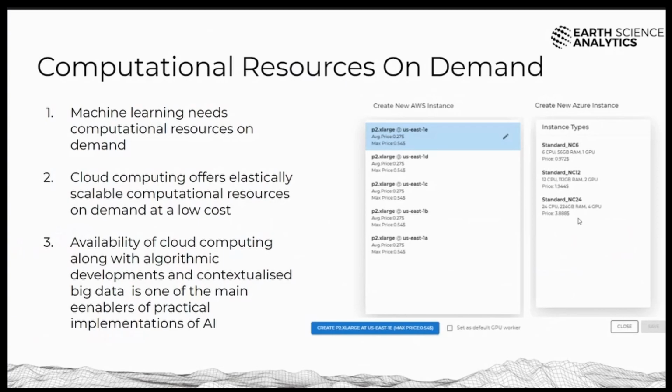You fire it up and it's ready to go very quickly. This benefit together with the contextualized data really enables using machine learning technology on all the data types within the geosciences.